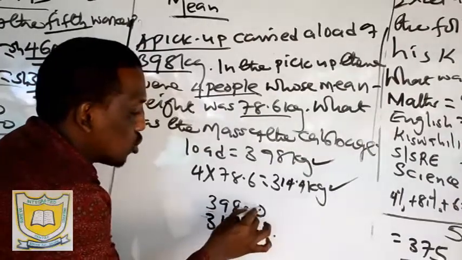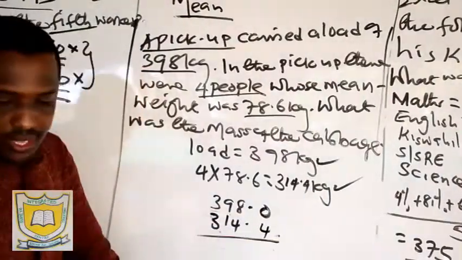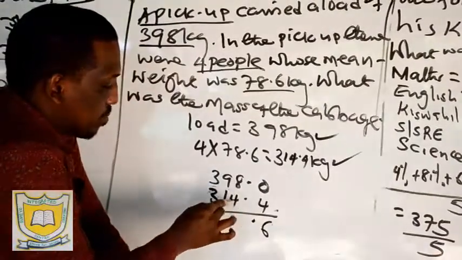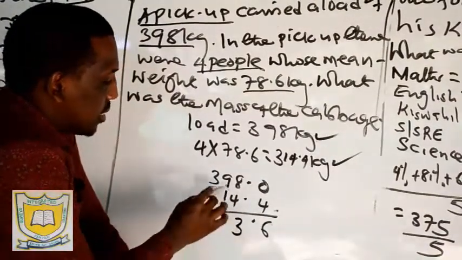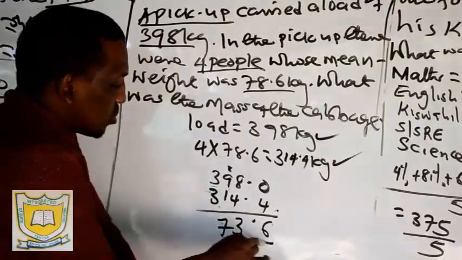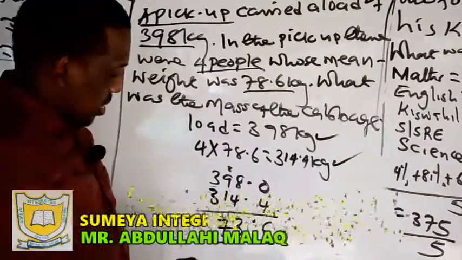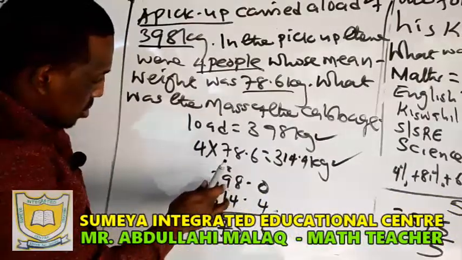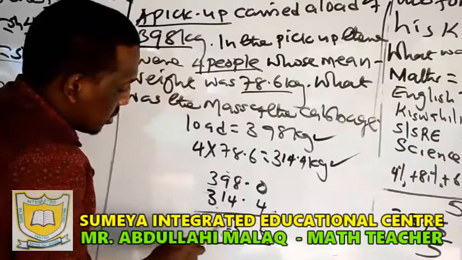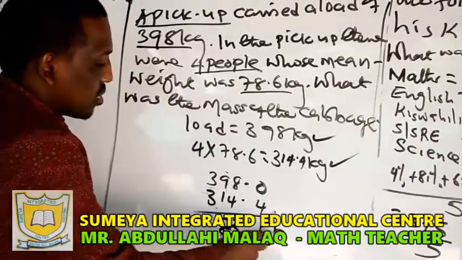Let us subtract. You get 6, here remains 7, 7 minus 4 is 3, here remains 8, 8 minus 1 is 7, and 9 minus 3 is 6.